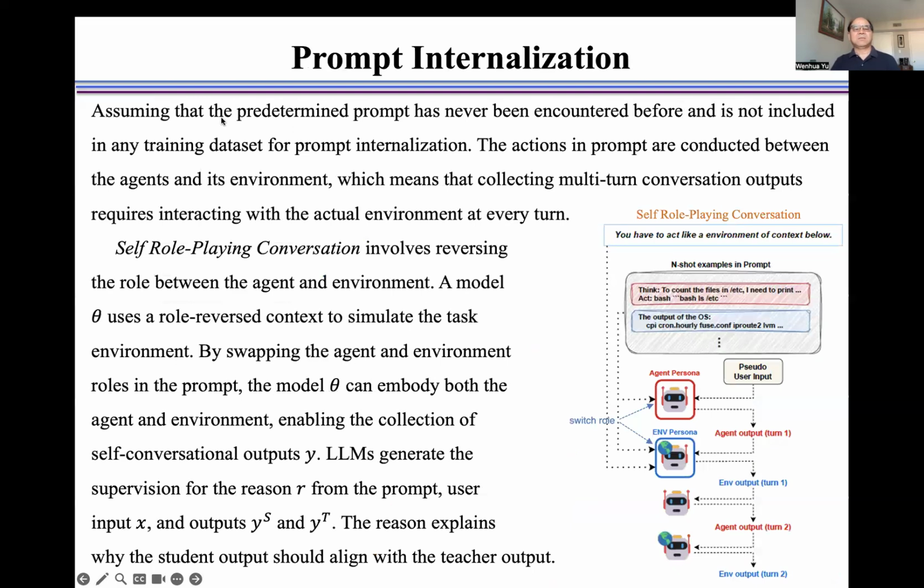Assuming that the predetermined prompt has never been encountered before and is not included in any training dataset for prompt internalization.